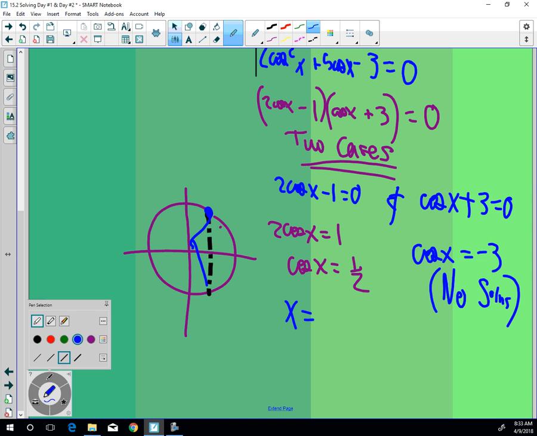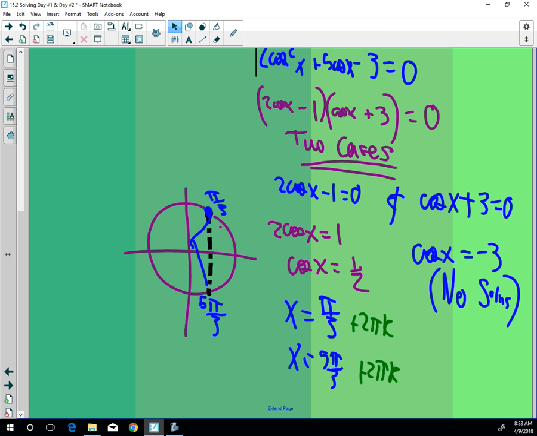Pi over 3. And what's the other one? 5 pi over 3. Yep. And if you're looking for just those between 0 and 2 pi, you got it. If you're looking for all the possible ones, you slap on a plus 2 pi k, where k is an element of the integers.